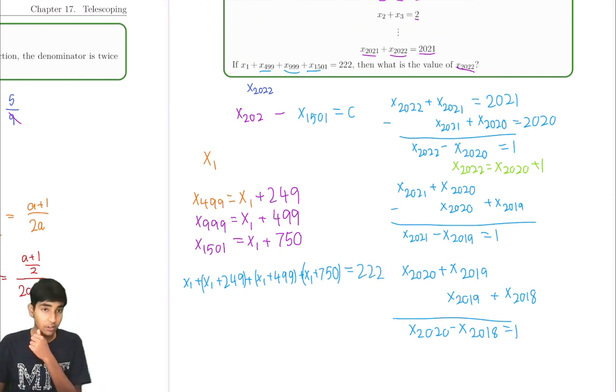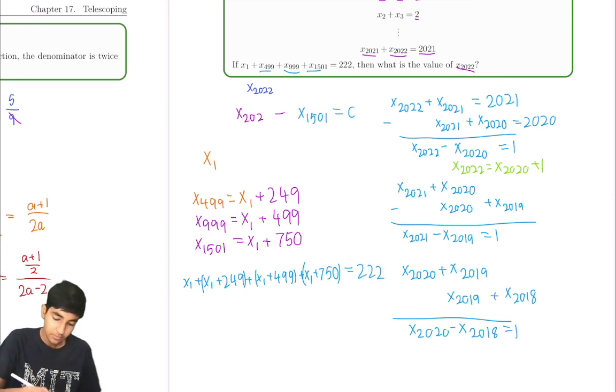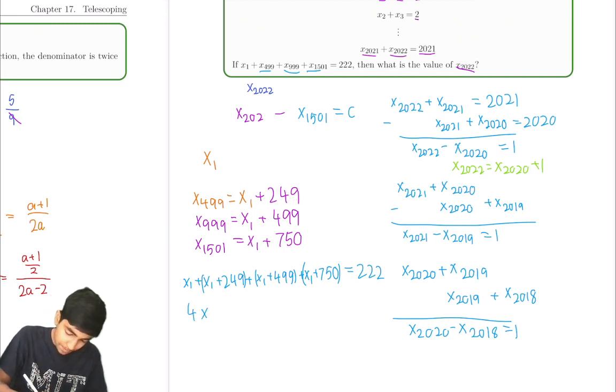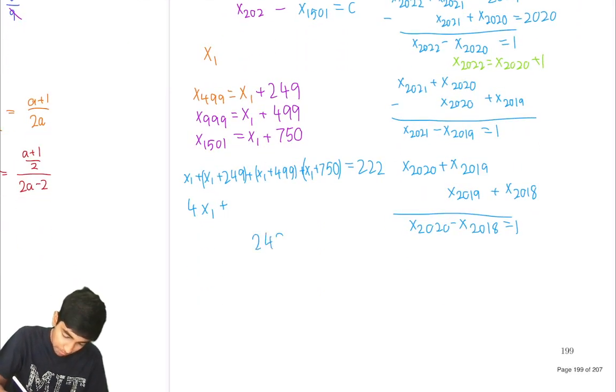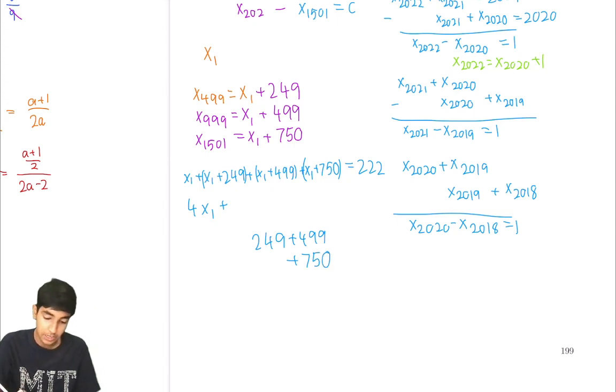So we can solve for x of 1 now. We would get that 4 times x of 1 plus 249 plus 499 plus 750, whatever that is going to be, equals 222.